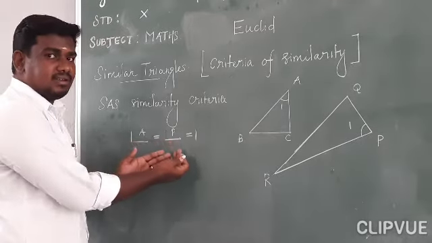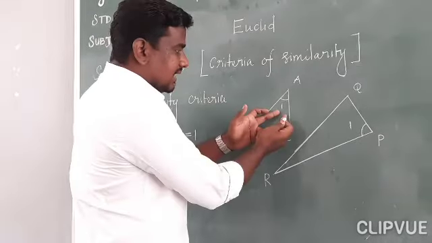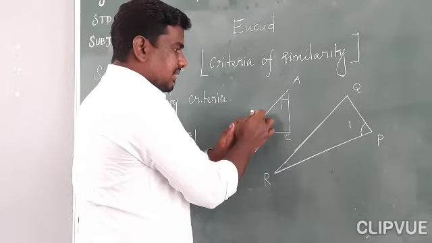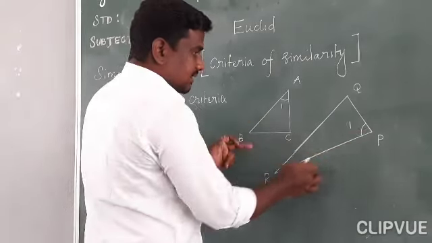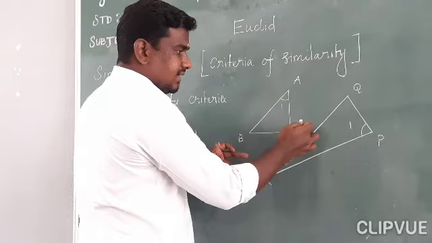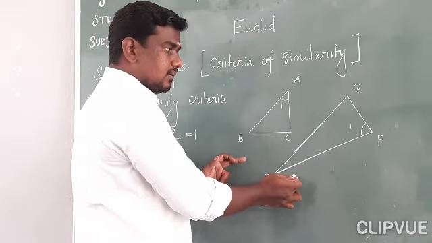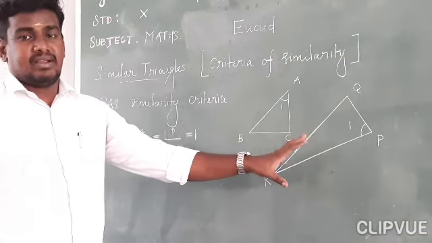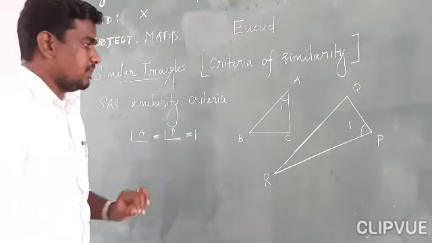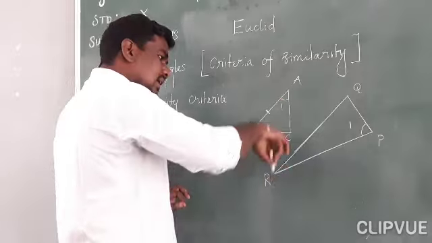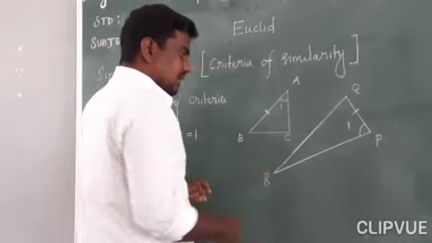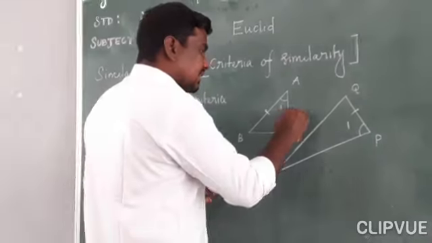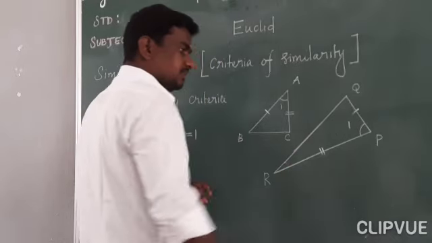If it is 30 degrees, it is also 30 degrees. The angle contains a side, here AB and here PQ, here AC and here PR. The sides are proportional. It means corresponding sides are proportional. You know very well this AB corresponds to this PQ as well as this AC corresponds to PR.